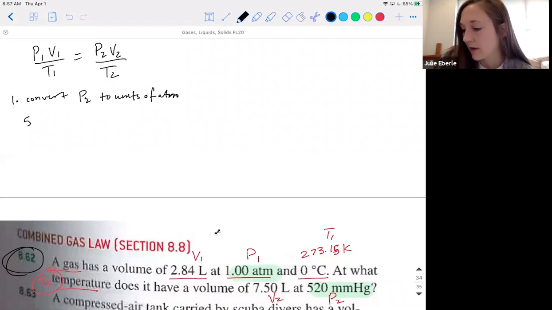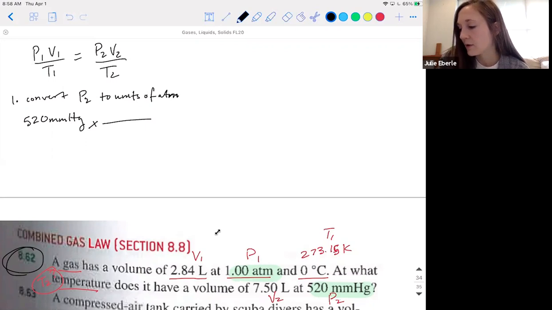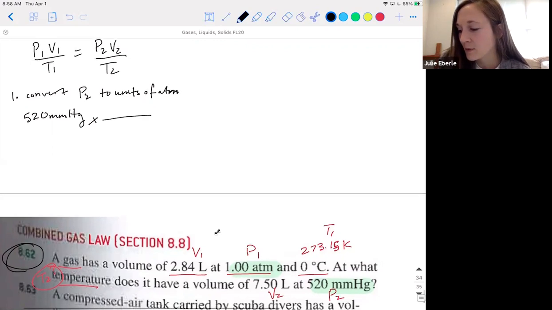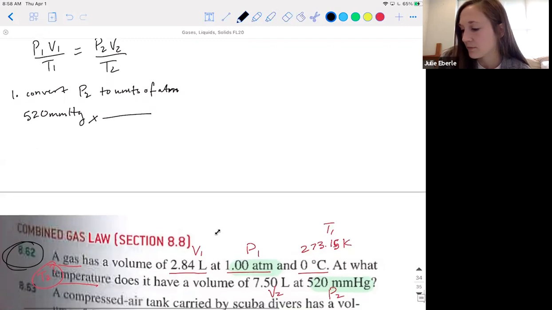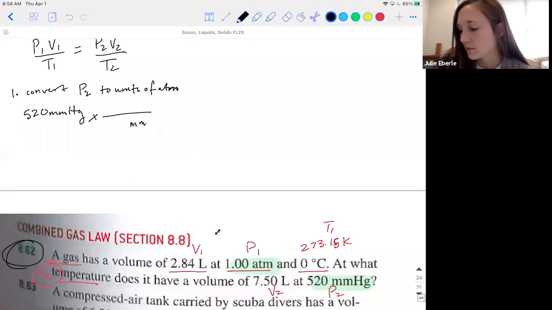So to do that, we got 520 millimeters mercury. How do I convert this to ATM? You guys remember? We actually did pressure conversions way earlier in lecture. We're going to cancel millimeters mercury and convert to ATM.